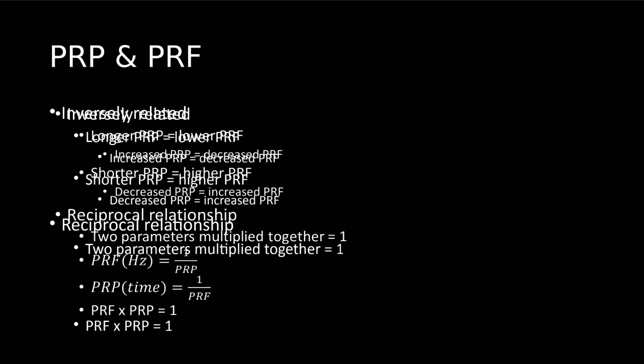So this means that if you multiply them together, they're going to equal 1. That's kind of like the standard basis for a reciprocal relationship. You can calculate the other if you know one of these parameters. So if you are trying to calculate your PRF, but you are given your PRP, you are just going to do 1 divided by your PRP, and that will give you your PRF.